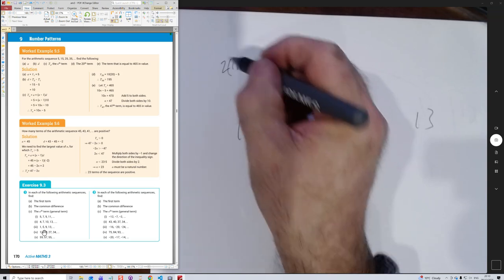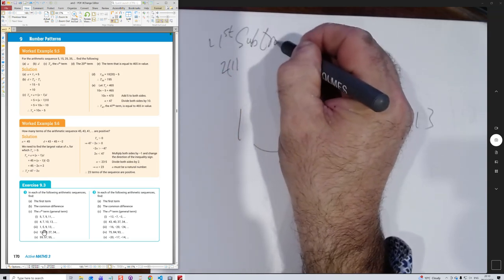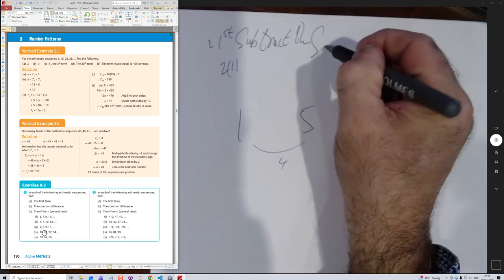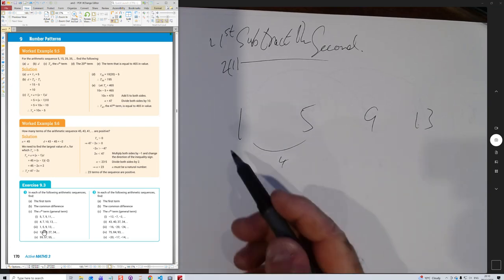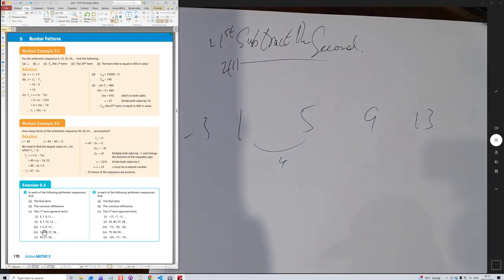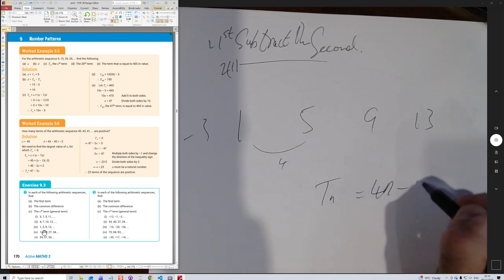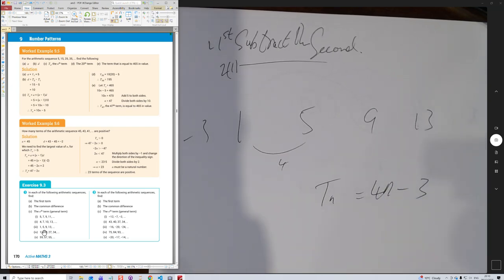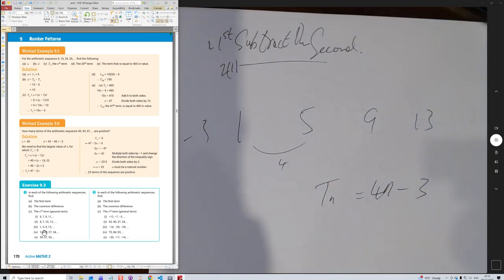Double the first, subtract the second. I'd argue it's more difficult, but one way or another you get minus 3. Term n equals 4n take 3. And if you put that in the table in your calculator, you're just going to regenerate what you knew already.